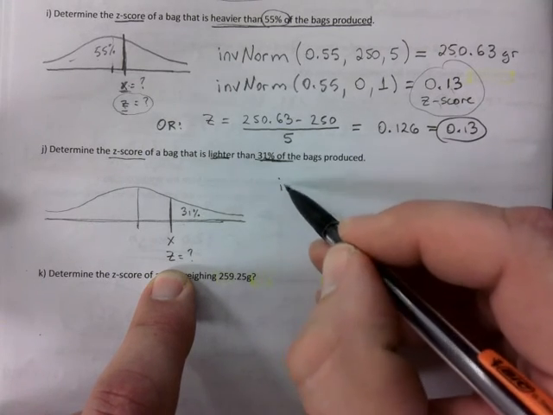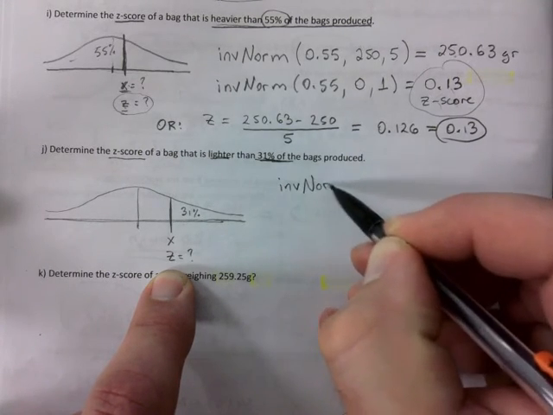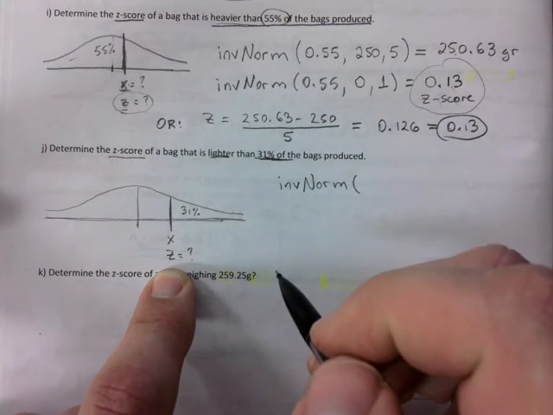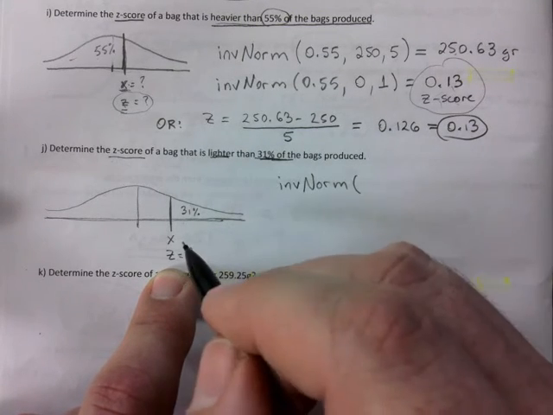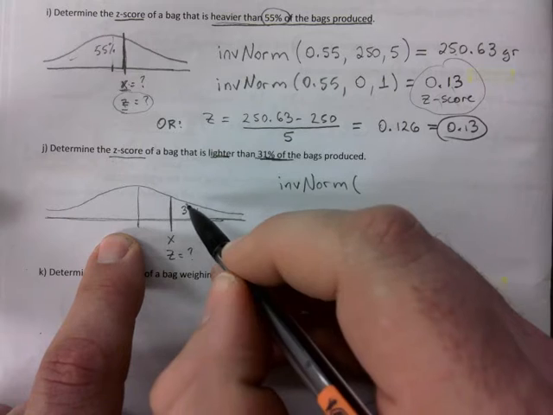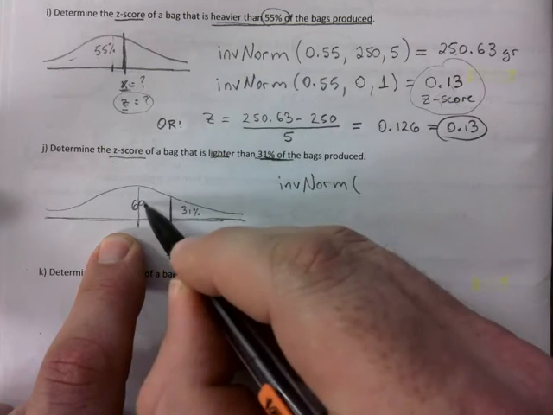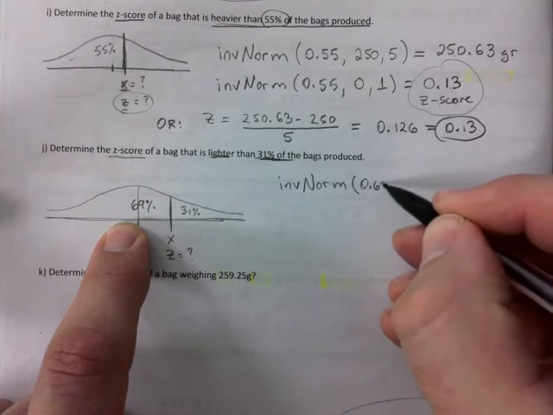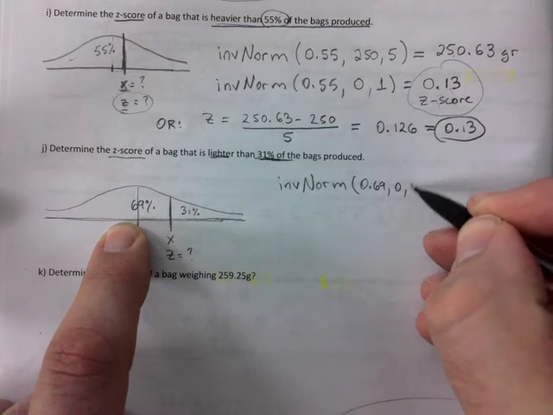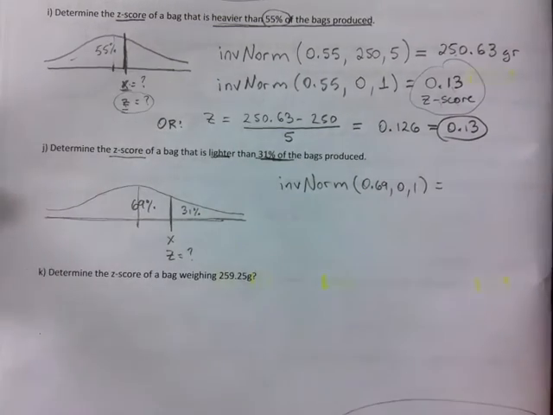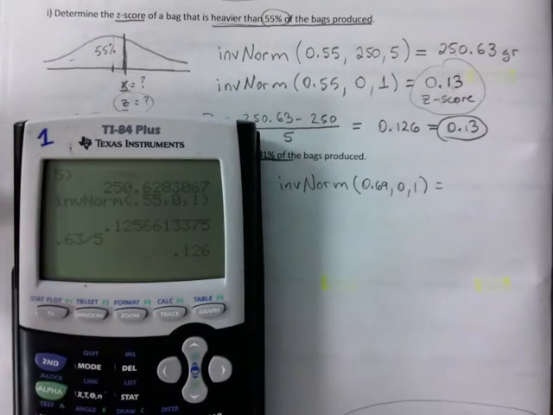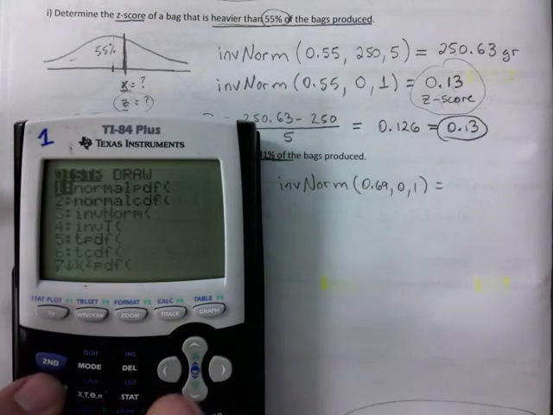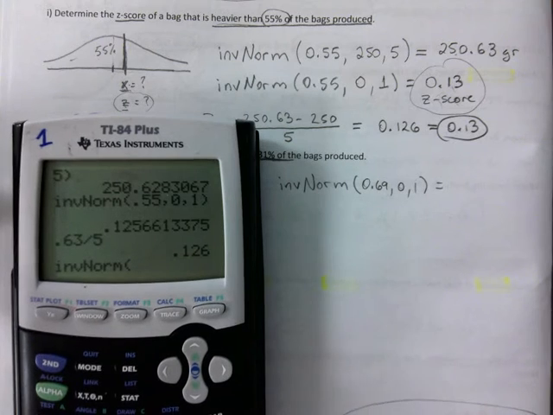So what's the problem with inverse norm? It needs the percentage to the left, right? So this would be 69%, right? So that's 0.69. Okay. Second vars, inverse norm.